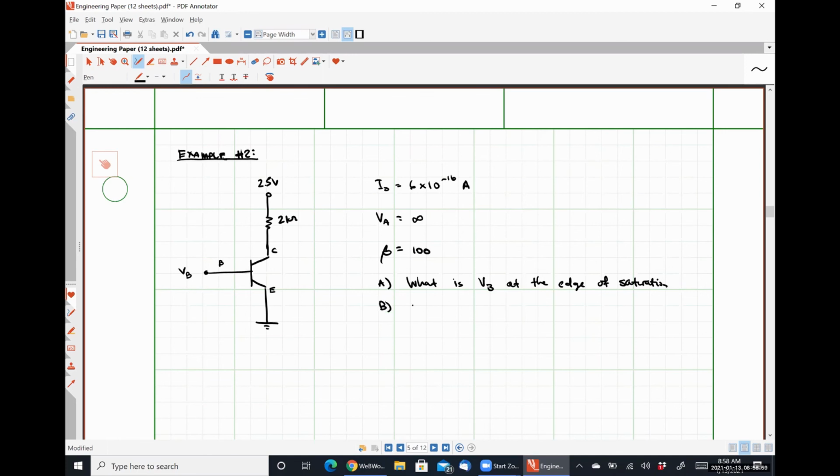And B, what is VB at soft saturation, where VBC is equal to 200 millivolts.